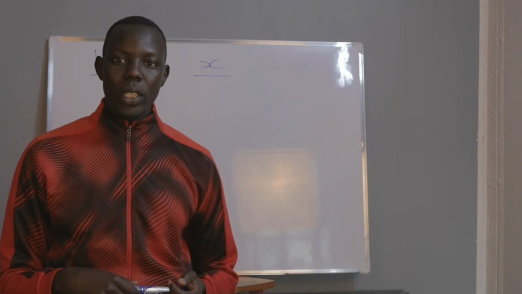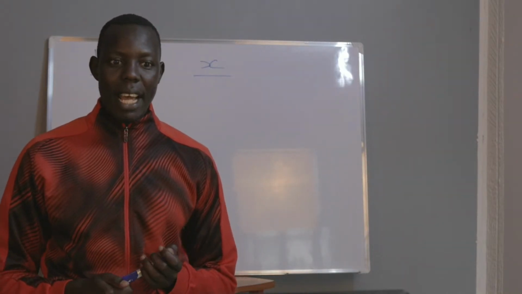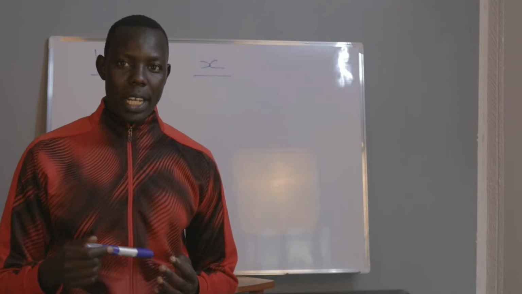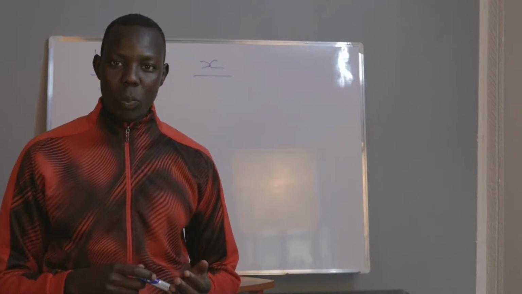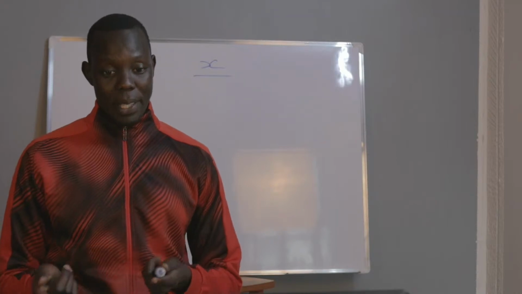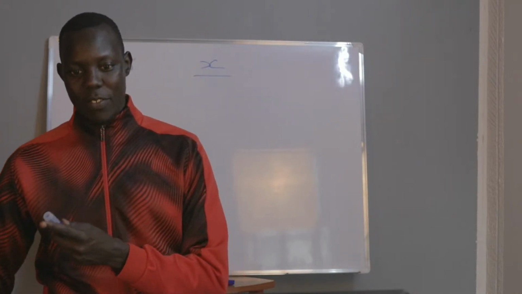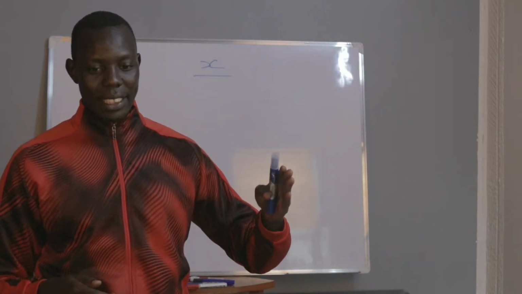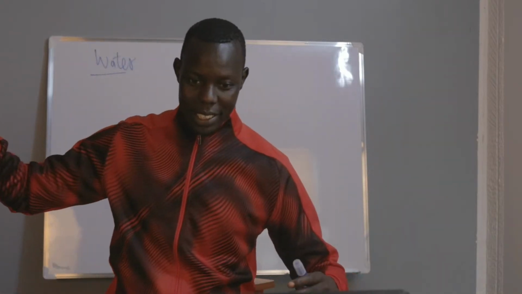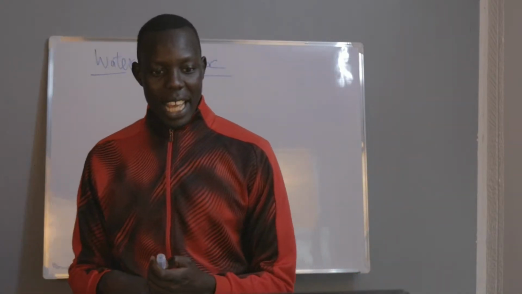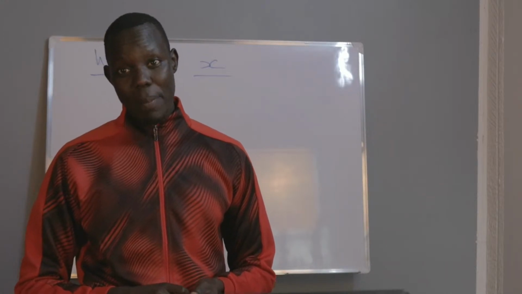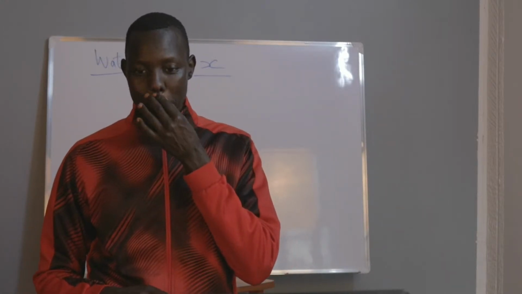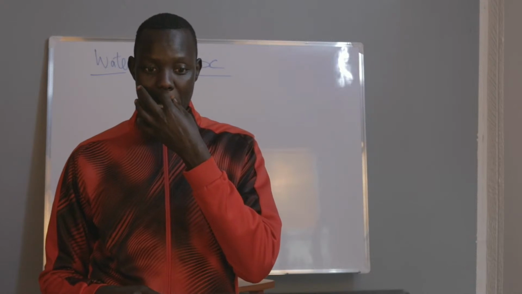If the densities of water and liquid X are 1.0 grams per centimeter cubic and 0.8 grams per centimeter cubic respectively, meaning water has a density of 1 and liquid X has a density of 0.8, calculate the density of the mixture.